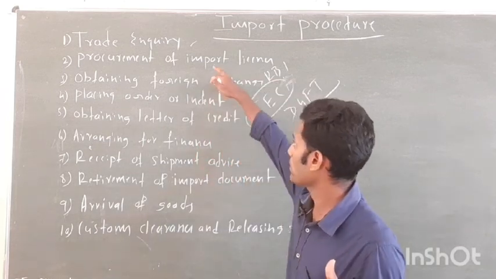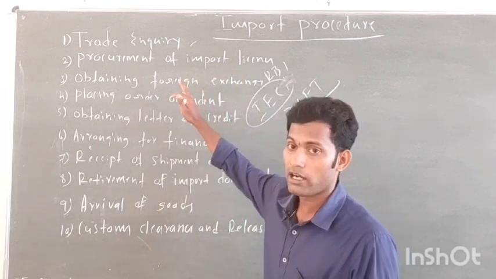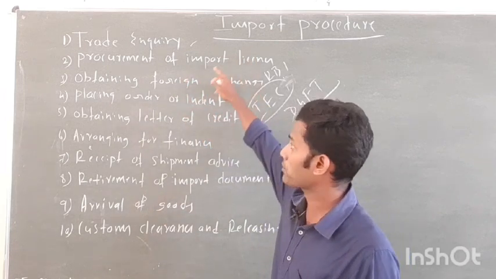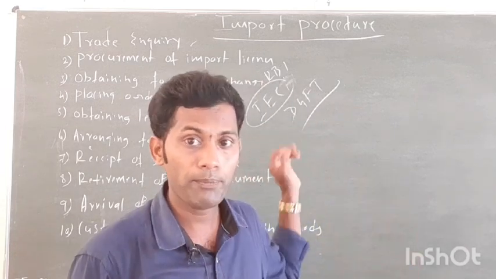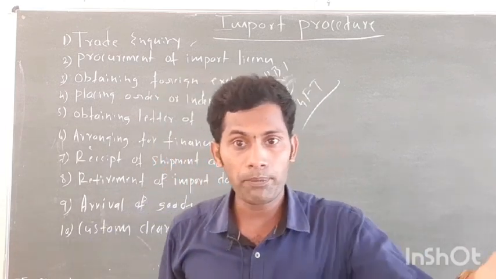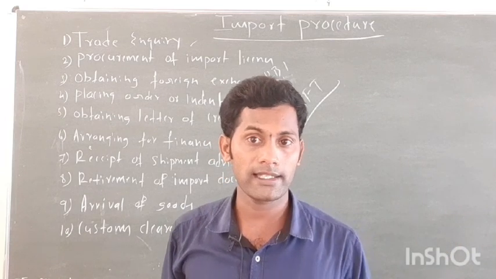Now come to the second one, procurement of import license. After trade inquiry, the importer has to go for obtaining import license. For importing some products, there is no need of an import license.